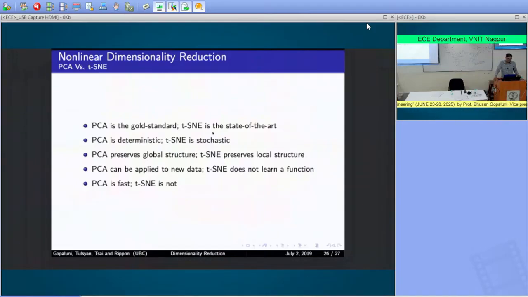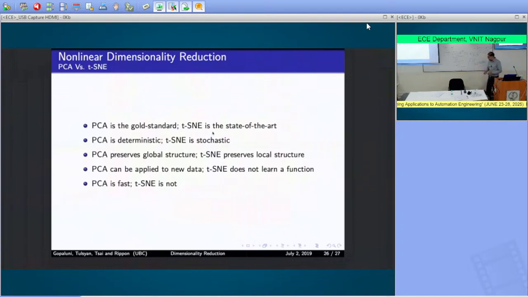So PCA gives you an expression for each of the principal components, right? So you have a function to work with. On the other hand, TSNE does not learn a function. You provide the data, it just gives you the lower dimensional space. In PCA, you have an explicit relationship between higher dimensional space and lower dimensional space.